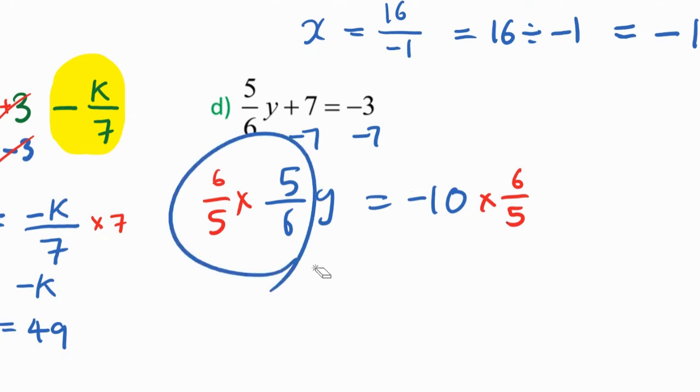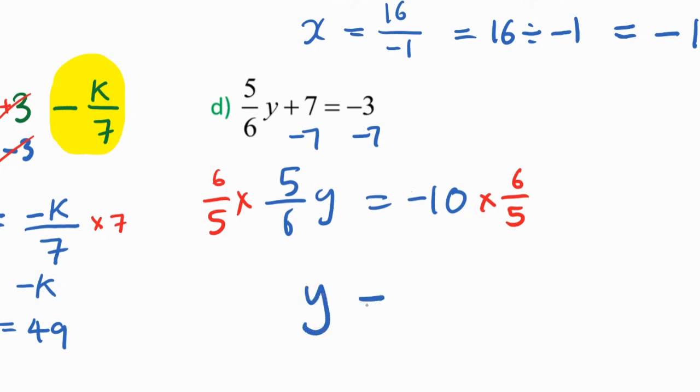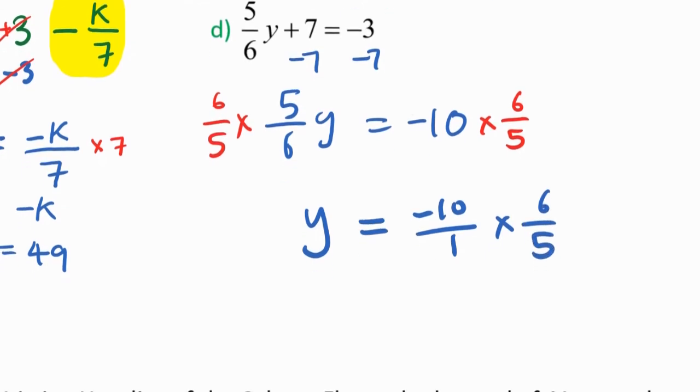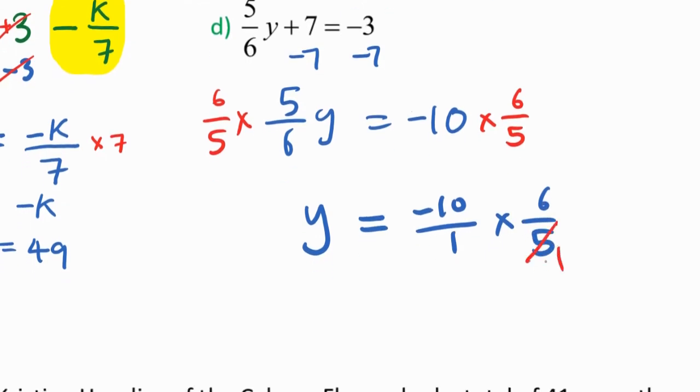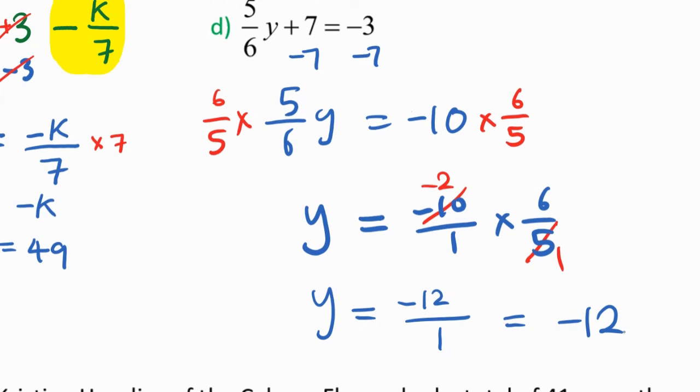This part becomes 1. So it's 1y. 1 is omitted. Negative 10 over 1 times 6 over 5. Alright, 5 becomes 1, negative 10 becomes negative 2. So the final answer, y will be negative 2 times 6, negative 12. 1 times 1, 1. The final answer will be negative 12.